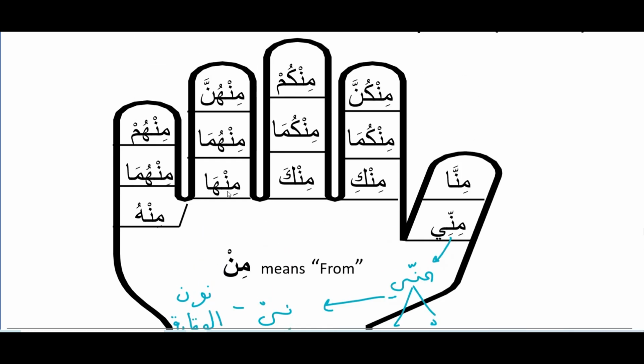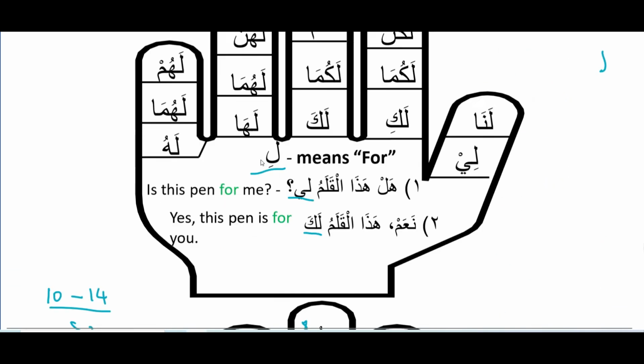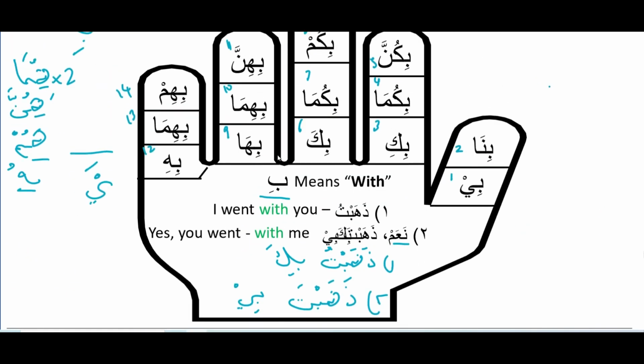But when it comes to hu, huma, hum, hunna, the dhamir muttasil is connected to the nun sukun. You see, it's not connected to min, whereas for ba it is directly connected. That's why the ha has to follow the kasrah state.